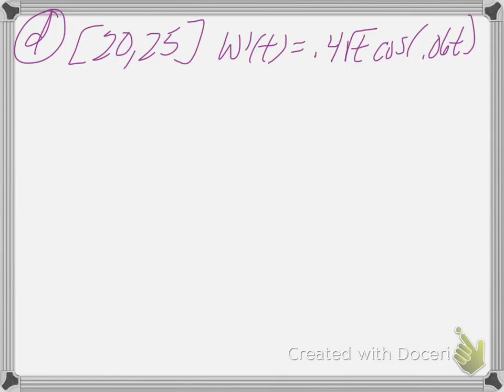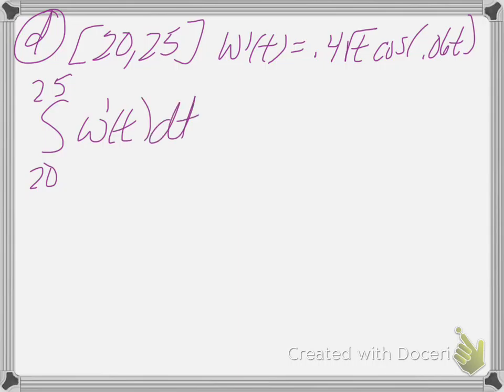We were talking about this yesterday. If you want to know what the temperature is from 20 to 25, you're going to do an integral. But you have to know where you were when you started at 20. At T equals 20, if you look at the chart, the answer was 71. So it's going to be whatever the change is from 20 to 25 plus another 71 degrees, because at 20 it was 71, and then it continues to increase.